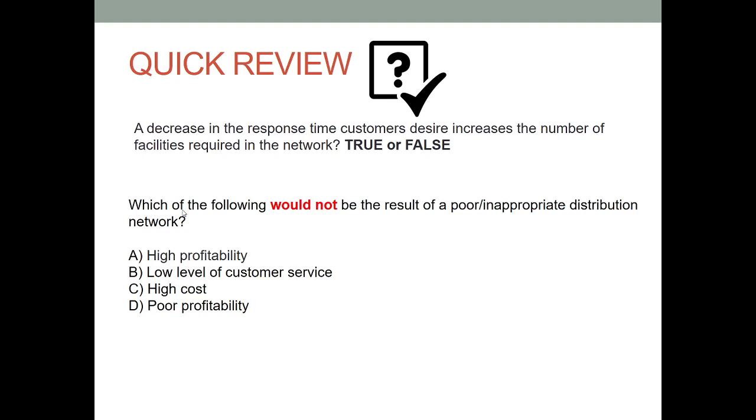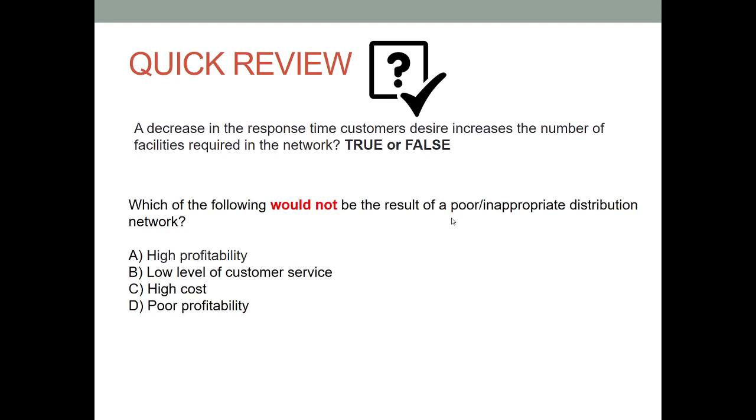Okay, next, which of the following would not be the result of a poor or inappropriate distribution network? Class, the keyword here is "not". Just now we have learned that a good distribution network will affect the profitability.